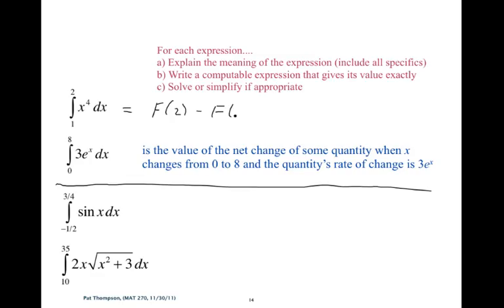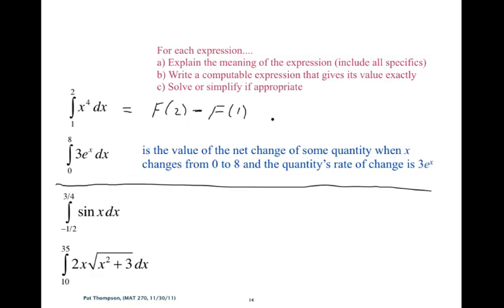So capital F is the quantity function, and to get the net change in the quantity, you just take the final value of the quantity minus the initial value of the quantity, right? By definition of subtraction, that gives you the change from here to here. The change from one value to another is just the difference between them.